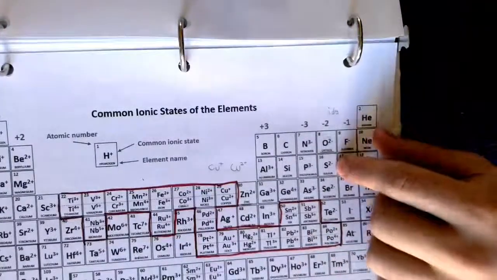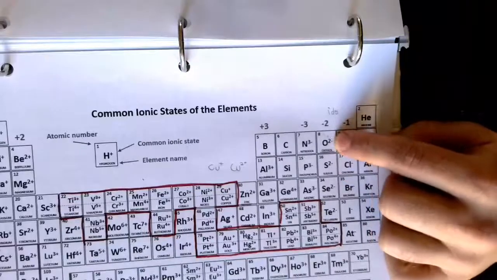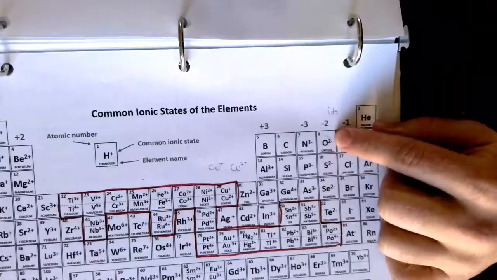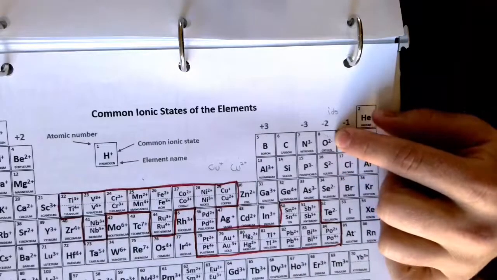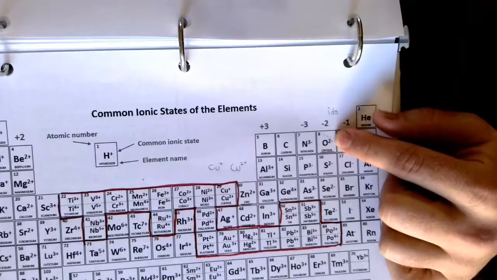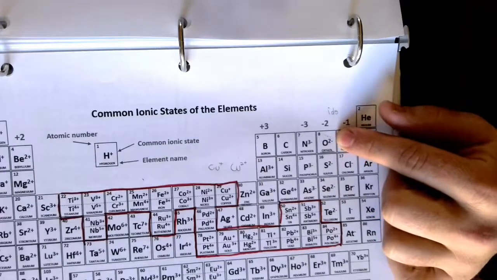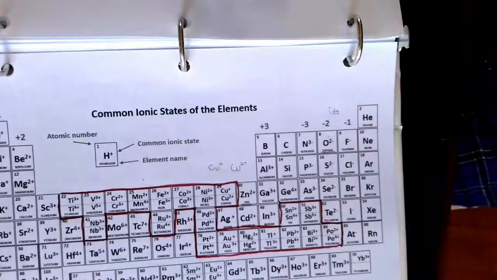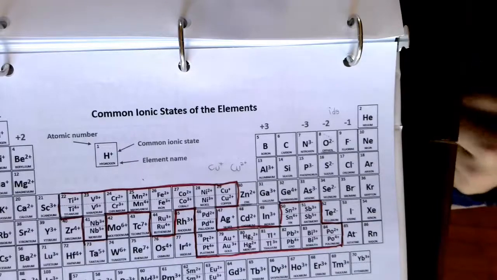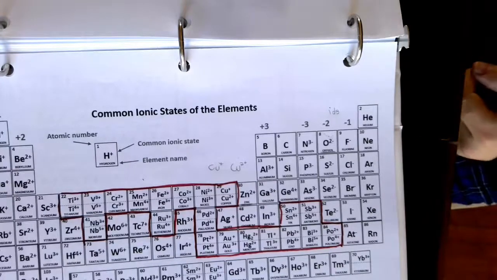So I can have S with 4 oxygens, SO4, and that whole thing has a -2 charge, and we call it a sulfate. I will not expect you to just memorize those for a test. You will eventually memorize the more common ones. You'll know sulfate, chlorate, nitrate, things like that. But you'll always have a table that will tell you. And that table is on the next page right here.